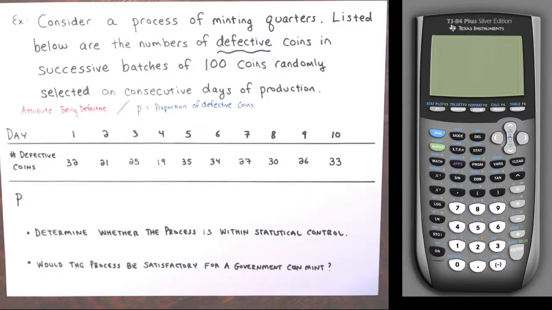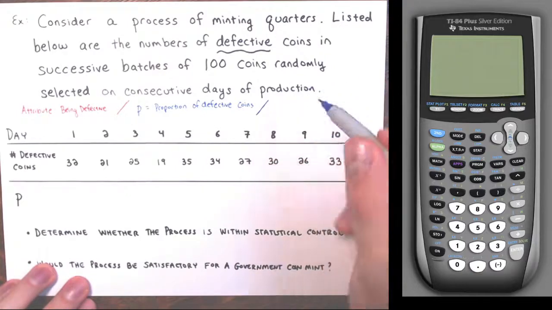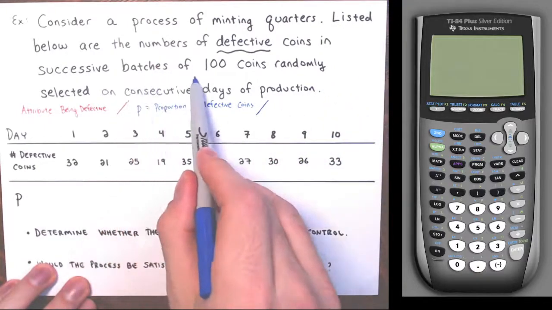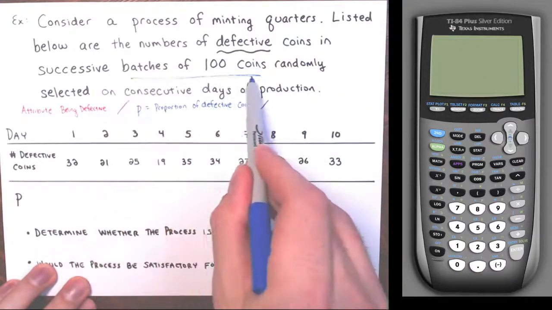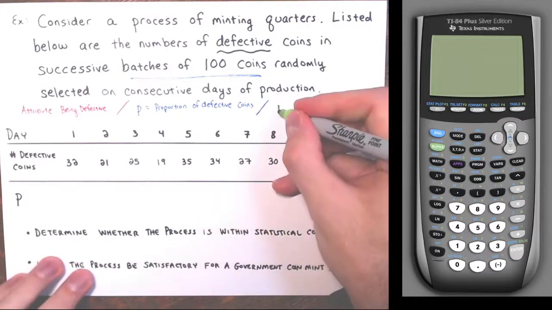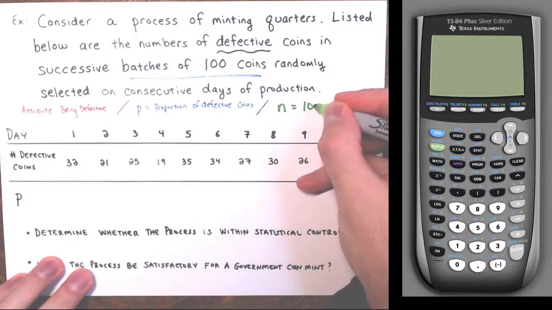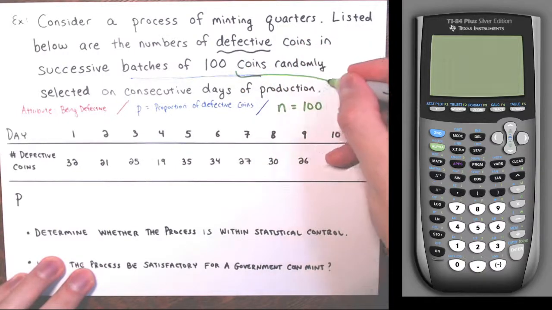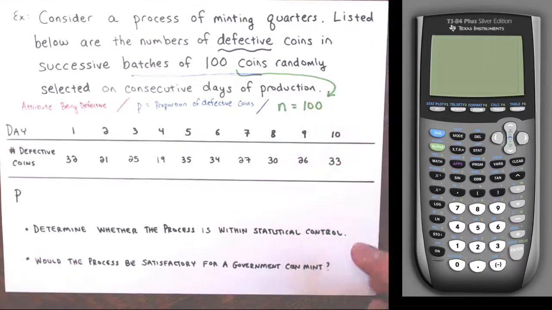And what was mentioned to me too was that every day there was a batch of 100 coins being sampled, right? 100 coins was randomly selected. So that would be the value of that lowercase n, right? The batch of 100 coins being sampled each and every day. So my sample sizes, the subgroup sizes, is 100.